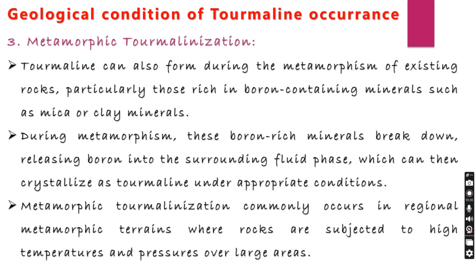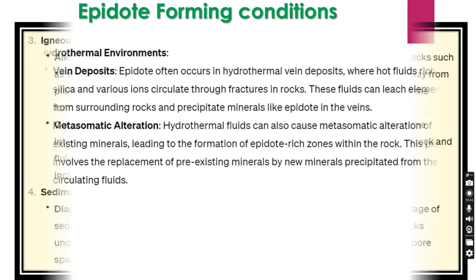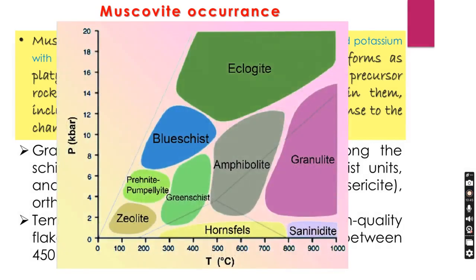If we consider these facies conditions, it will come around 500 to 700 degrees Celsius. Amphibolite facies starts at which temperature? It is around 450 and persists up to 700 or more. So within this range, most of the time tourmaline forms.